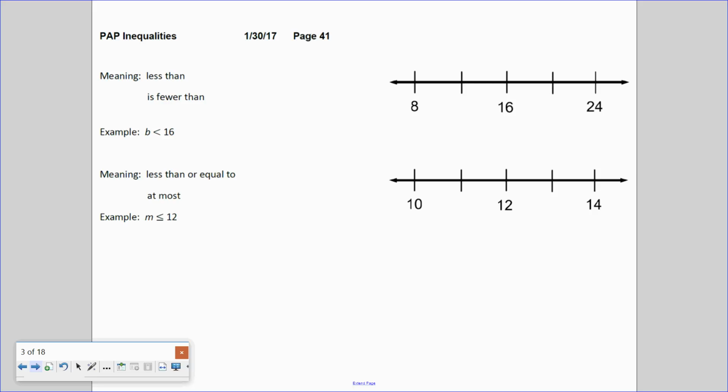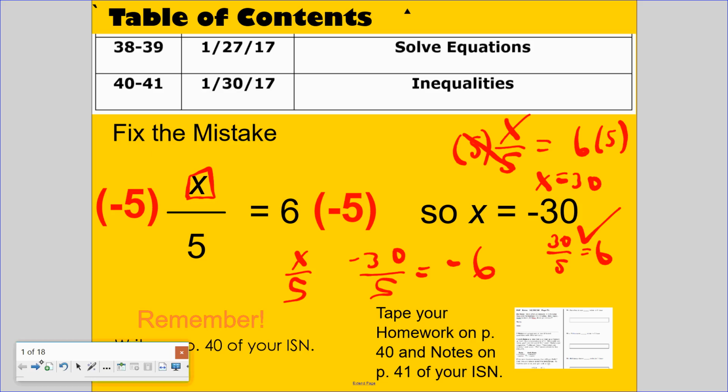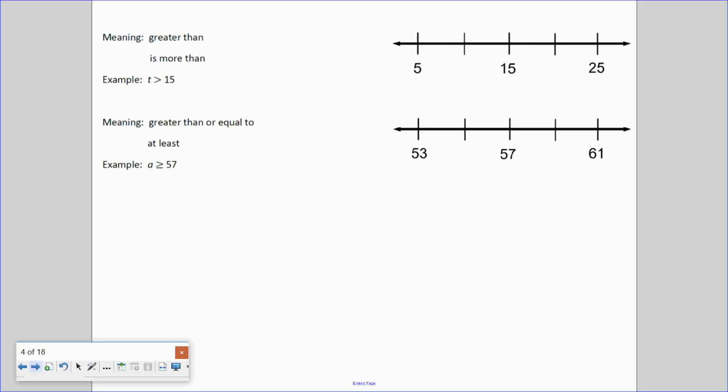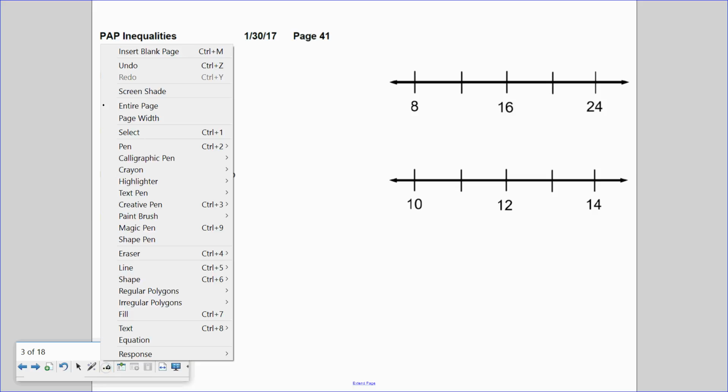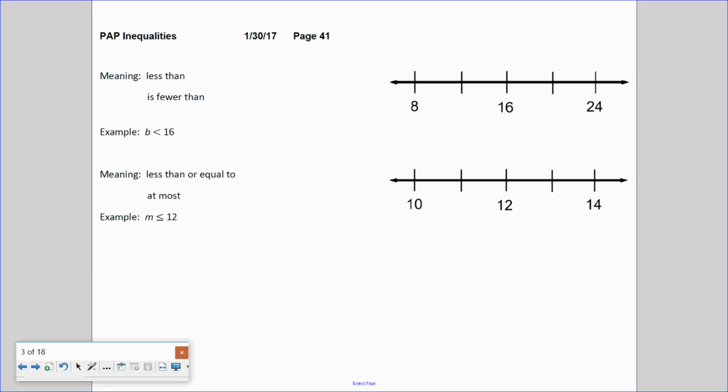Here is a hint of advice, because some people will see this inequality symbol and get confused on how to say it. So this is how I sometimes look at it. b and 16. 16 has 2 dots. b has 1 dot.